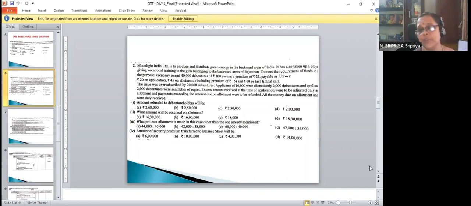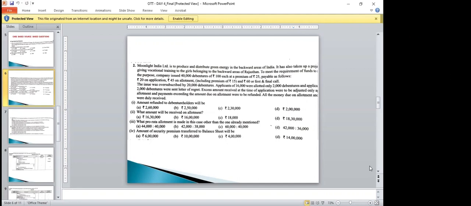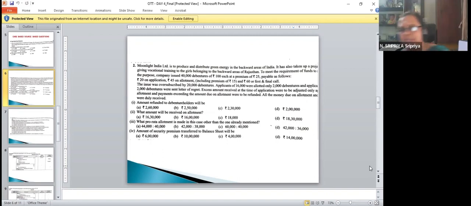The excess of 20,000 debentures, out of which 2,000 debentures are rejected. 16,000 debentures are allotted 2,000 debentures. So that means you have another 2,000 debentures which are yet to be adjusted. So that is 22,000 already. 22,000 debentures plus 16,000 plus 2,000. Please correct me.